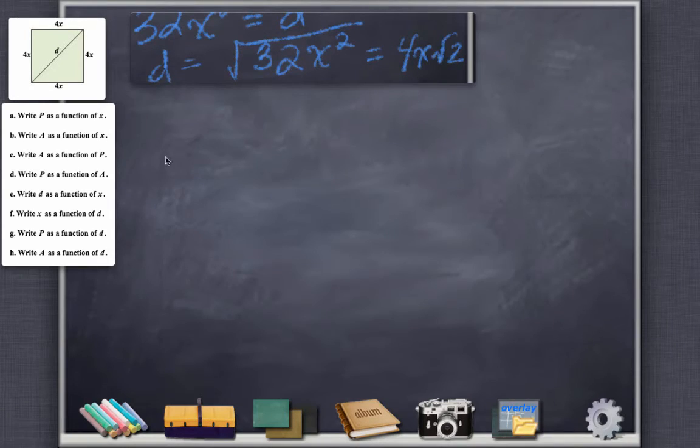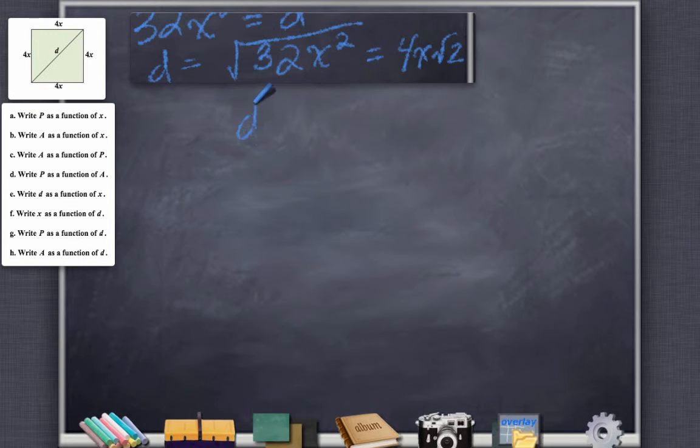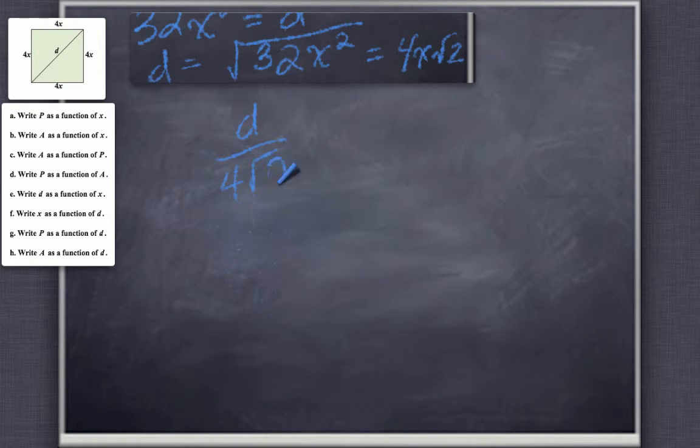I'm just leaving this up to make our lives a little bit simpler on the next one. Now I want to solve for x instead, so I'm going to take d and divide by 4 root 2. And then p as a function of d. P, remember, was 16x, so that's 16.